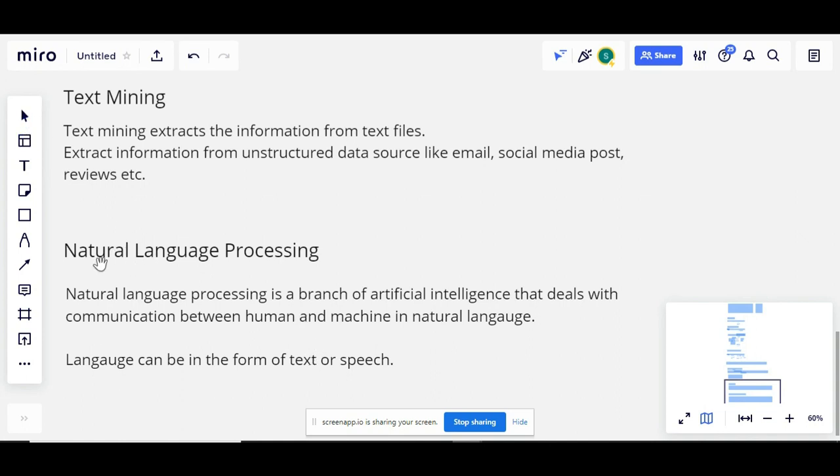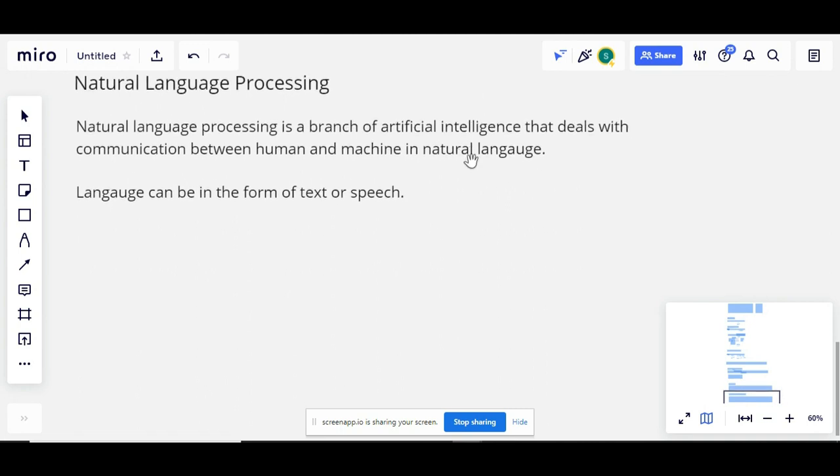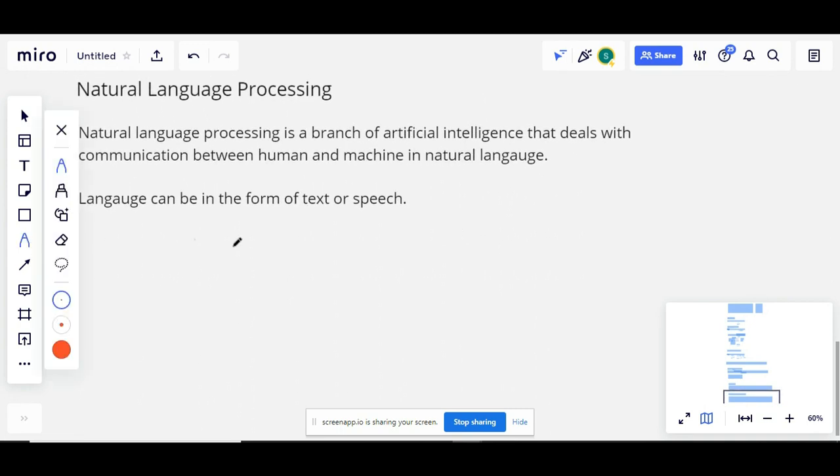Now, if I have to explain NLP with a simple diagram, then NLP is all about this. We have a human, and then we have a machine. This machine does not necessarily have to be a computer.